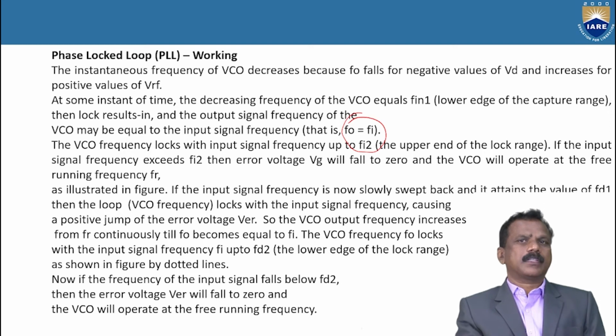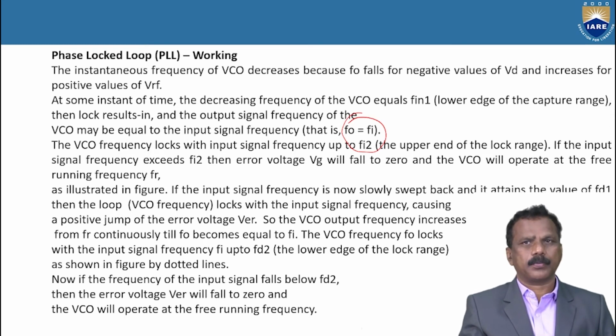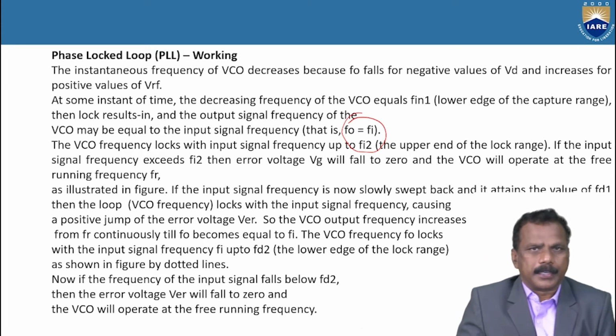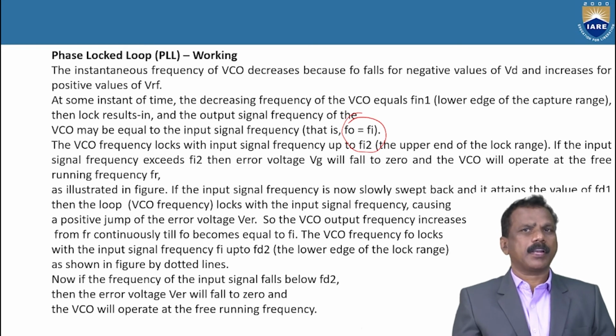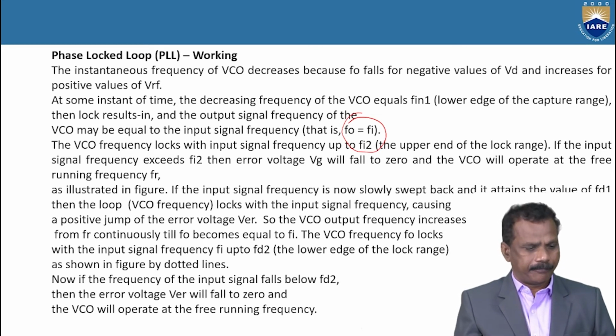If the input signal frequency exceeds Fi2, then the error voltage VER will fall to 0, and the voltage control oscillator will operate at the free running frequency FR.